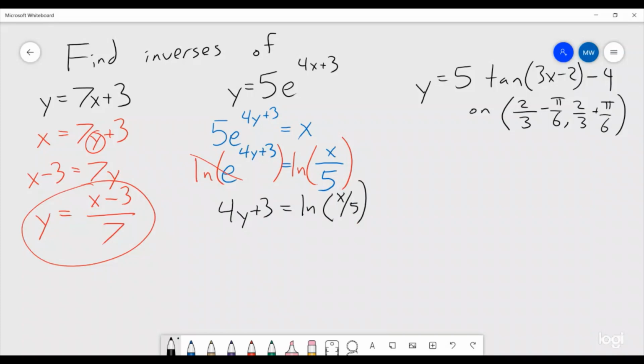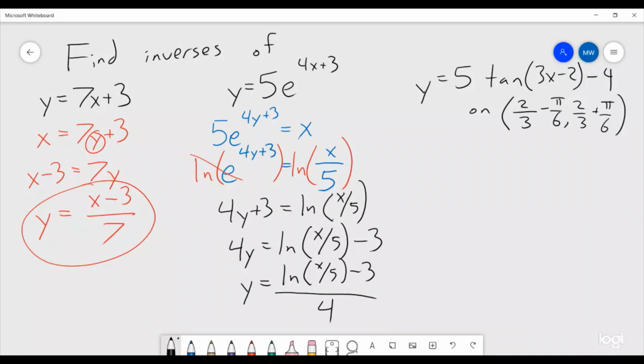Well, to solve for y, we need to subtract the 3, so 4y equals natural log of x over 5 minus 3. So y is equal to the natural log of x over 5 minus 3, all over 4. And that is going to be our inverse function for this particular function.